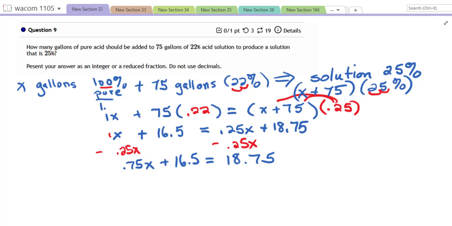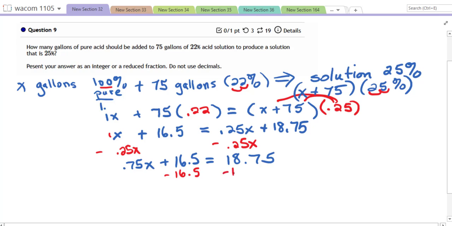Subtract your 16.5. So we're going to have 0.75x equals 2.25.